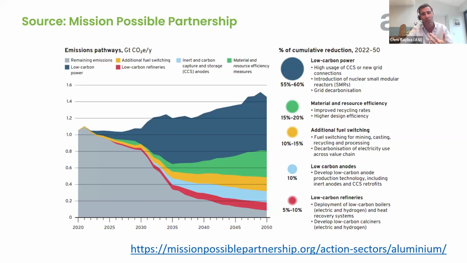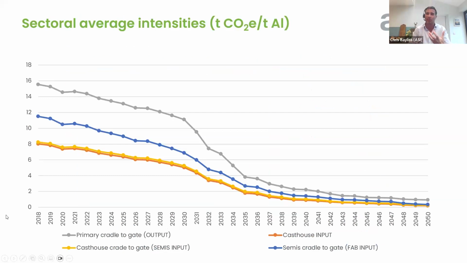And this is what our method had to do. It had to take account of those differences in intensity. And the approach that the working group took, the climate change working group, was to benchmark at set points along the value chain in order to measure entity level performance of intensity versus the sectoral slope. Those points were at the smelter cast house output, at cast houses with some kind of recycling input, and that was the input to that cast house, the input to semis, and the input to fabrication.